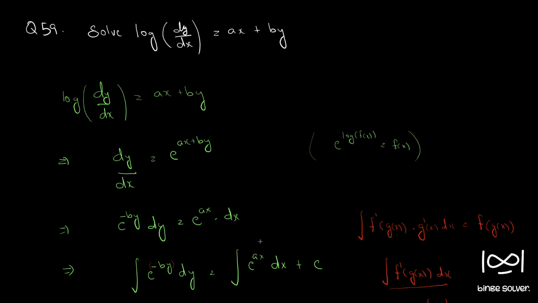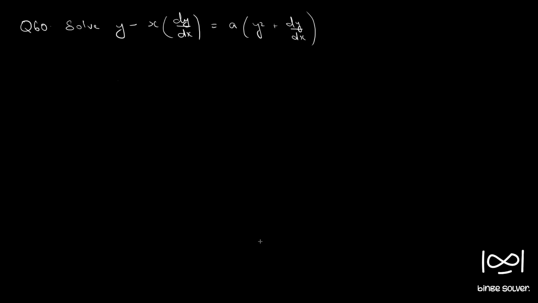Now we will do one more question. Solve y minus x dy by dx is equal to a into y square plus dy by dx. So we'll write y minus x dy by dx equal to a into, so we will open the bracket, y square plus a dy by dx.